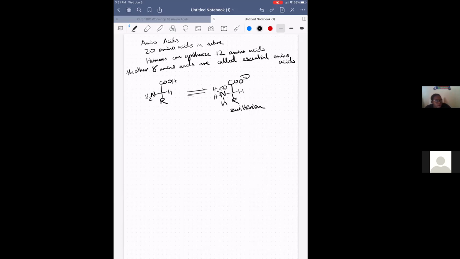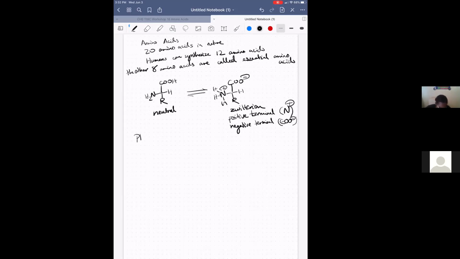It has a positive terminal, which is our nitrogen containing terminal, and also a negative side, which is our carboxylic acid COO minus terminal. So our N plus and COO minus, that's for our Zwitter ion, and then we can also have our neutral amino acid.